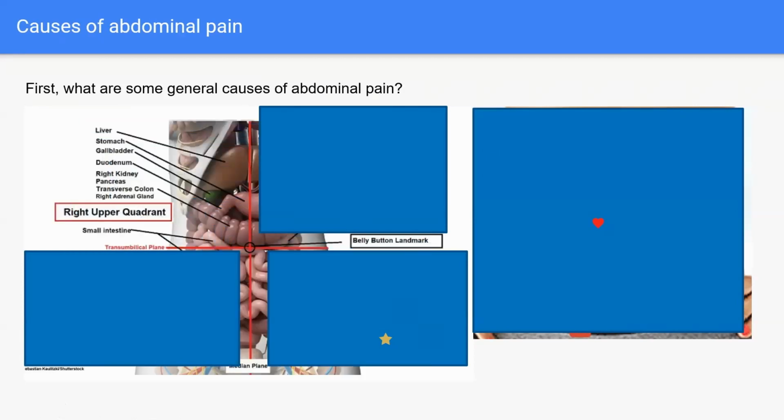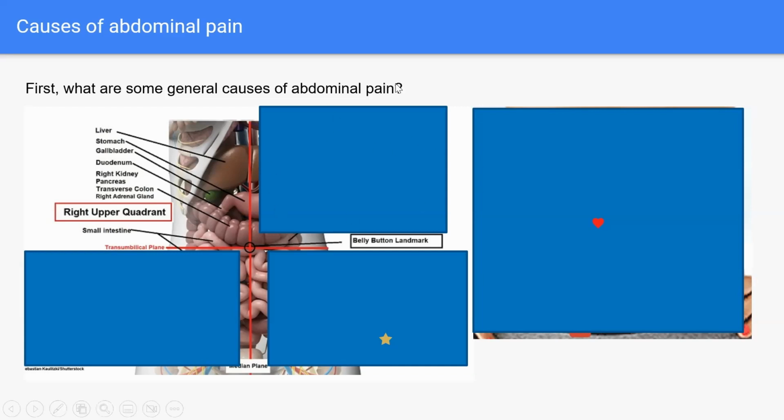Okay, so here we think about the liver, a little bit of the stomach, the gallbladder, parts of the duodenum, some of the right kidney, pancreas, and the transverse colon, the colon that goes across, is in the right upper quadrant as well as the left.